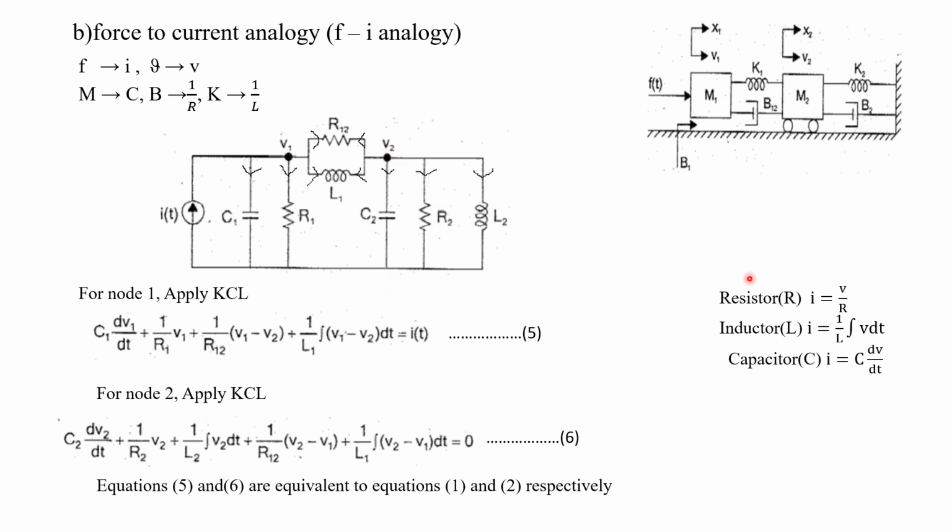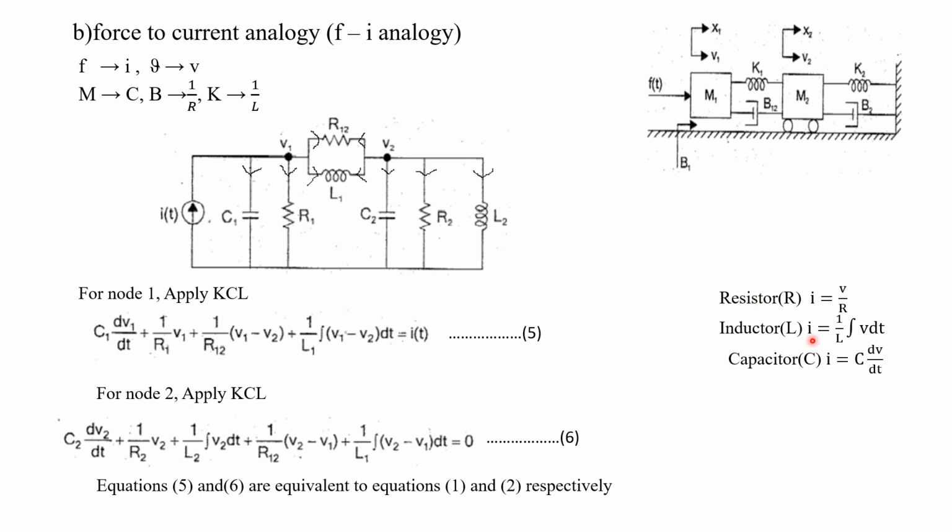Now R2. What is the current flowing through R? V by R, that is V2 by R2, or we can write it as 1 by R2 into V2. This V2 is nothing but V2 minus 0, the voltage drop across the resistor. The next element is an inductor.